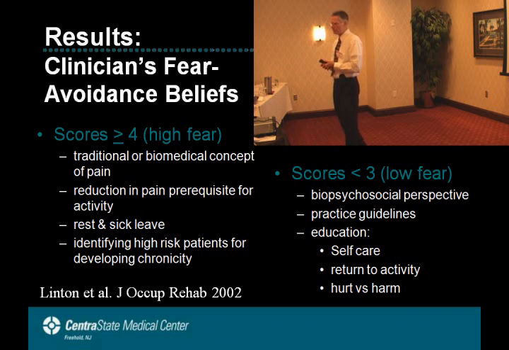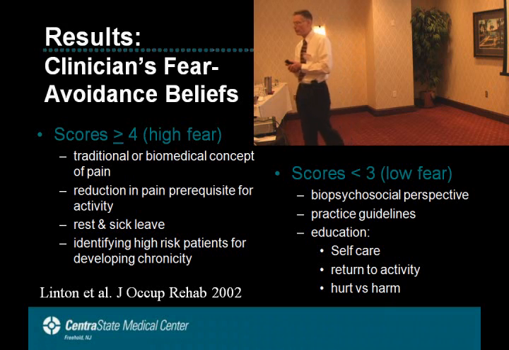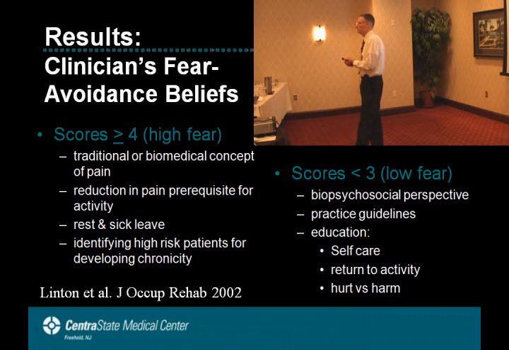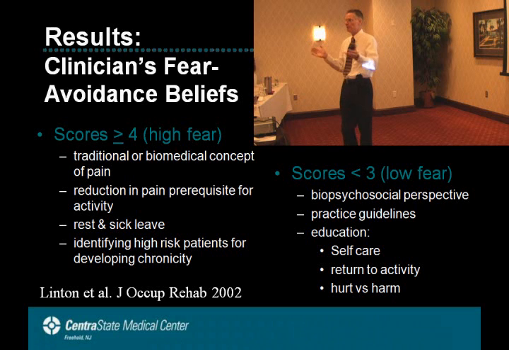If you scored less than 3, then you're in tune with the biopsychosocial model. Here, you would be following more of a current clinical practice guideline setup for education, self-care, return to activity, hurt versus harm. You'd feel more comfortable with those constructs. If you score in between, then you're in between. But Linton didn't really discuss that.